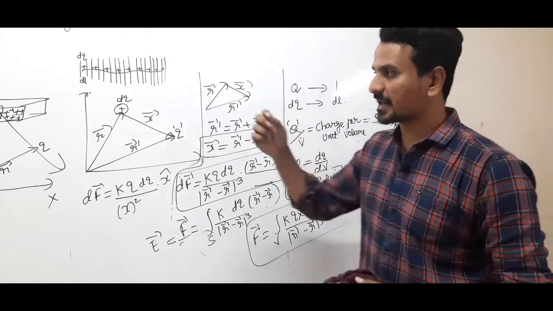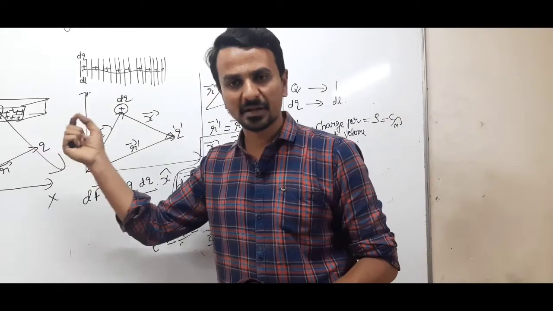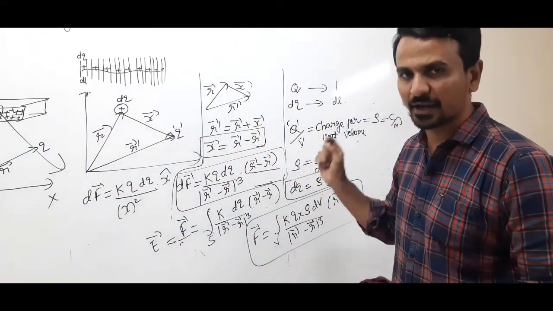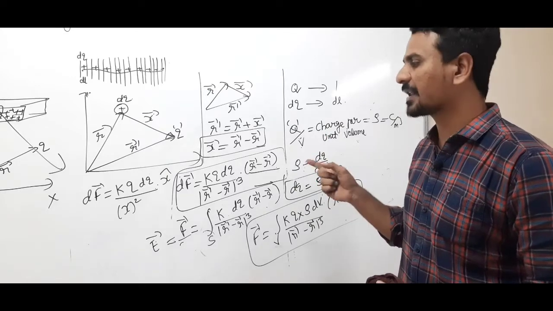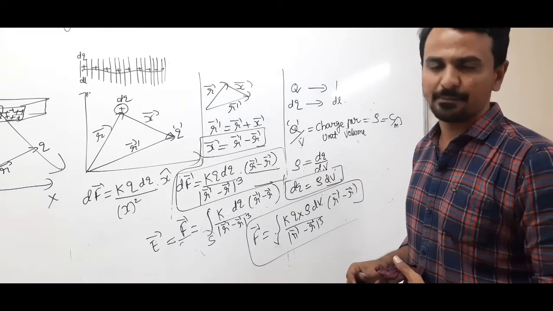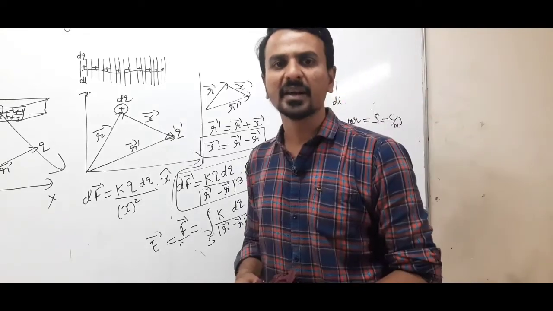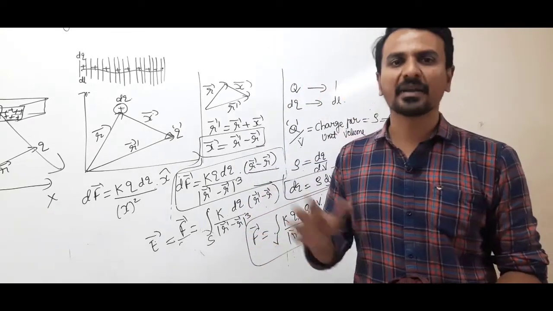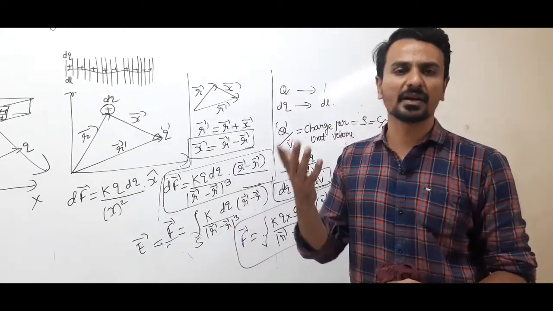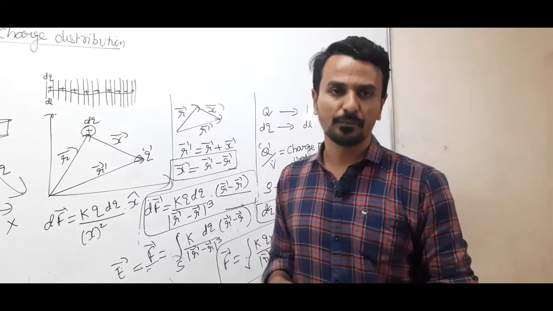Clear? So whether charges are distributed over 1 dimension, 2 dimension or 3 dimension, total force or total electric field acting at a particular point will be calculated by integration. Got it? Lambda, sigma and rho, these are 3 constant terms. One represents charge per unit length, other represents charge per unit area, and the third one represents charge per unit volume.